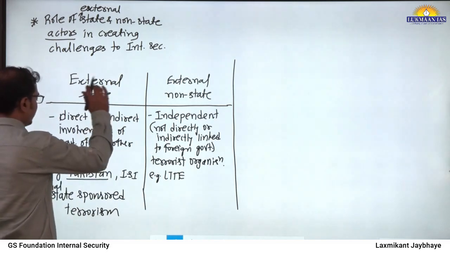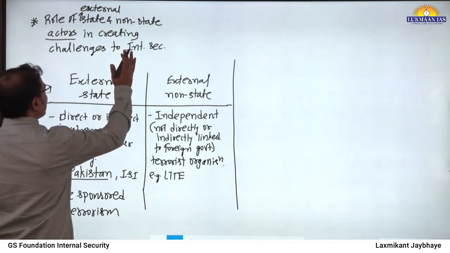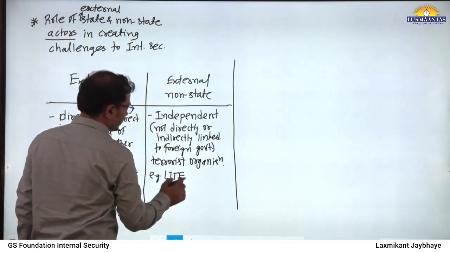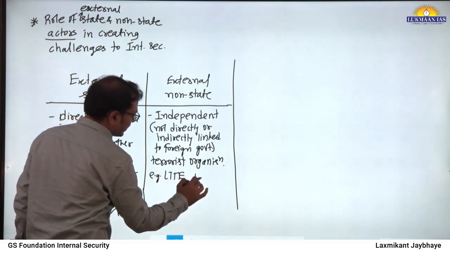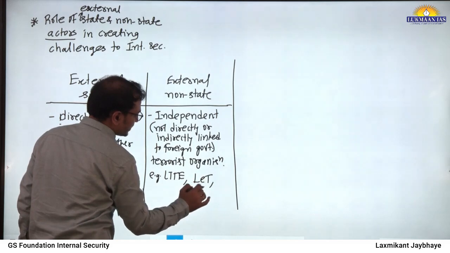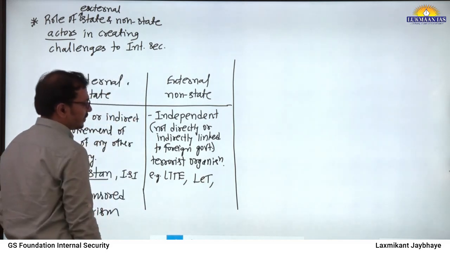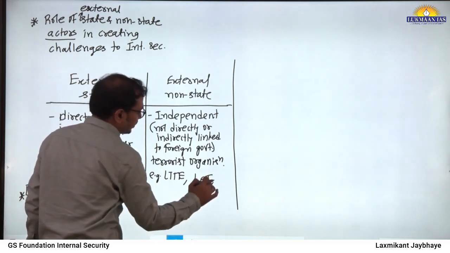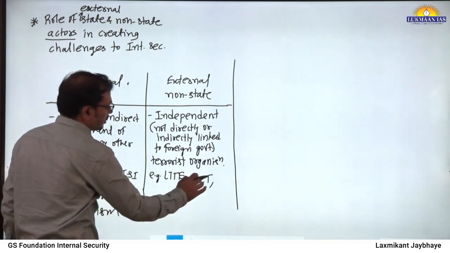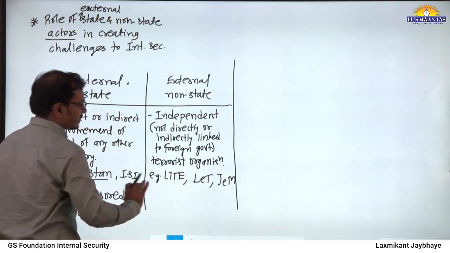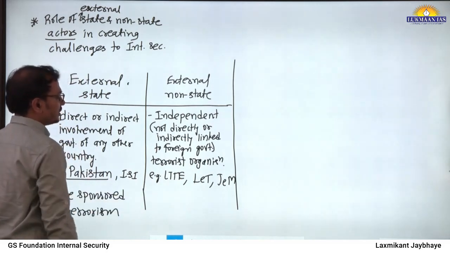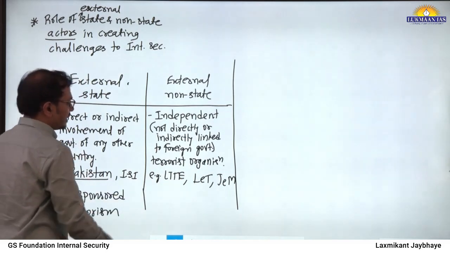If I am removing here, let's say, I will write one of the examples like Lashkar-e-Taiba, then you can give the example of Jaish-e-Mohammed, which are Pakistan-based terrorist outfits, right, ISIS.